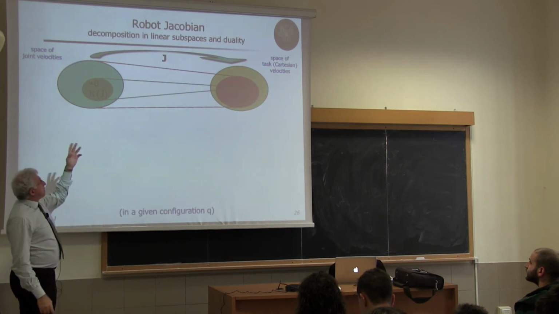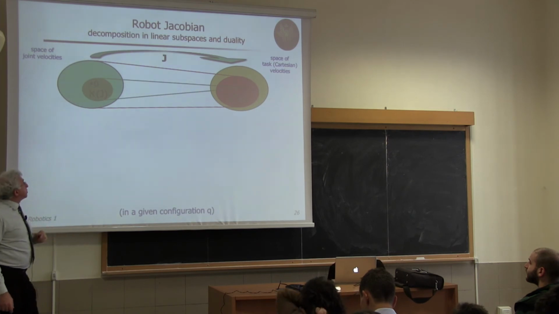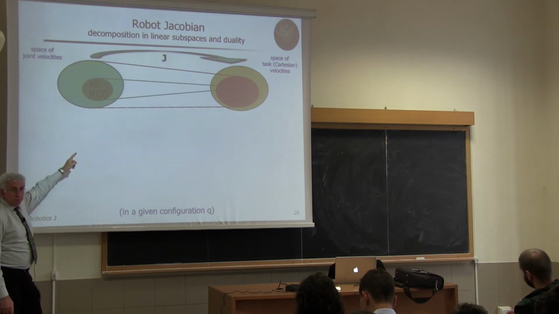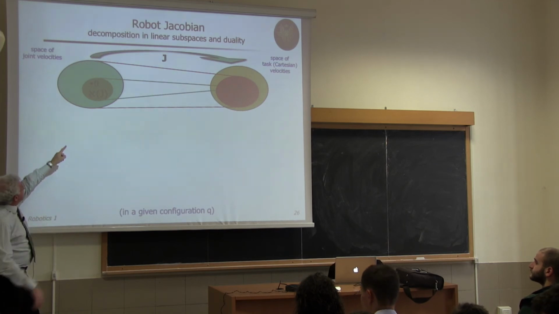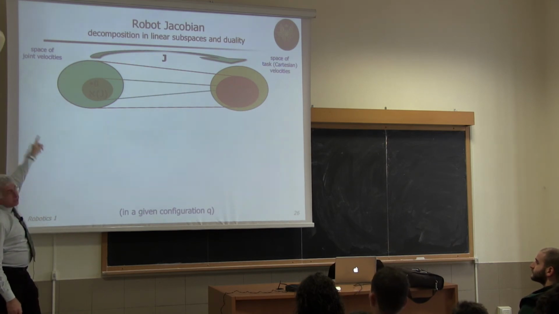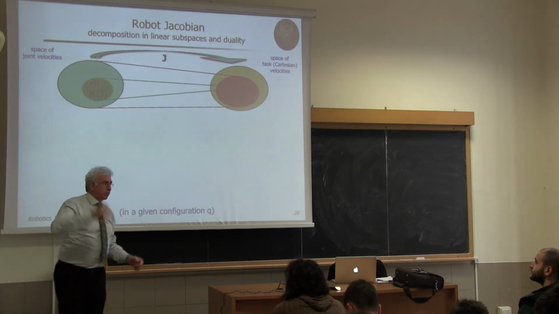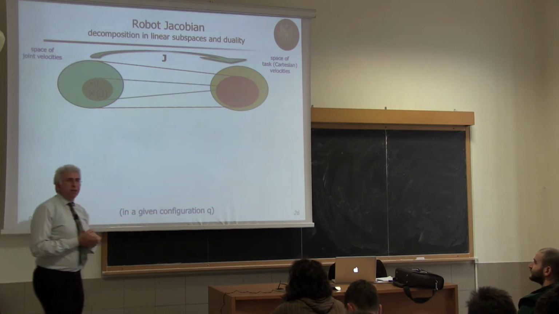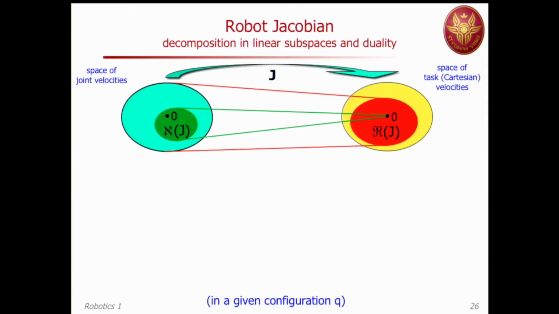So if our matrix of interest is the Jacobian that we have already considered, it takes inputs from the joint velocity space. For a given configuration, this is a matrix of numbers. So it takes all this green joint velocity out of a bag, any combination that you can imagine, and it maps it into Cartesian or task velocity.